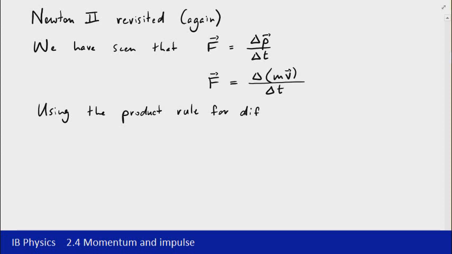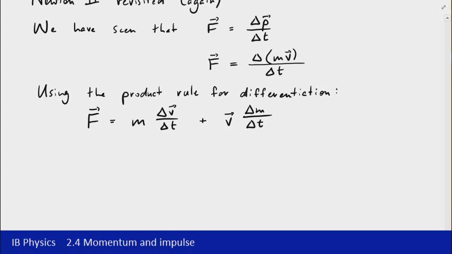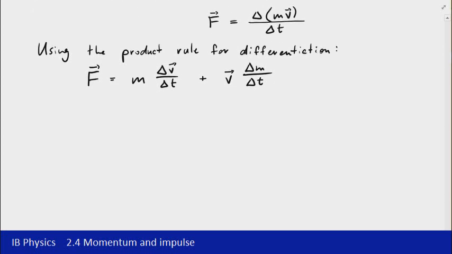So considering that we've got the rate of change of a product, what we would see there is that the force can now be expressed more completely as the mass times the rate of change of velocity plus the velocity times the rate of change of mass. So if that doesn't make sense, just take it on faith that that is the correct mathematical procedure that you would follow to expand this rate of change of momentum even further.